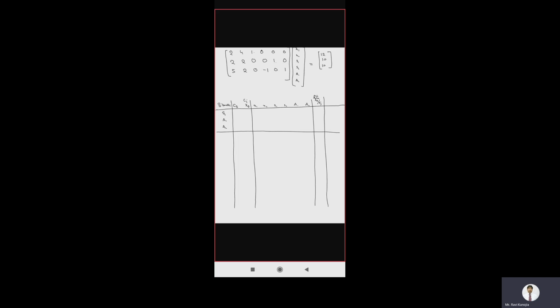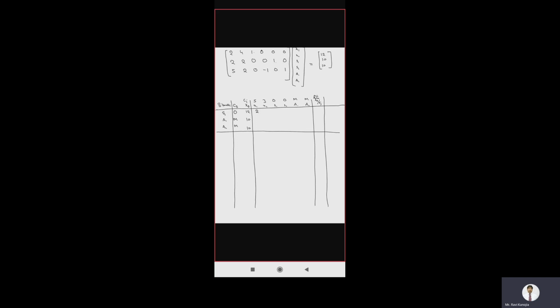I'll write the coefficients in the objective function: 5, 3, 0, 0, M, M. So it's a minimization problem, so we have positive coefficients, right? So let's write the CB. CB for S1 is 0, then M, and M. XB is 12, 10, 10.